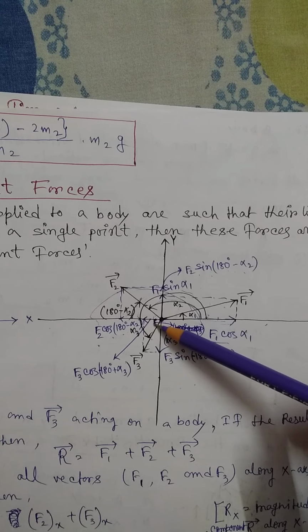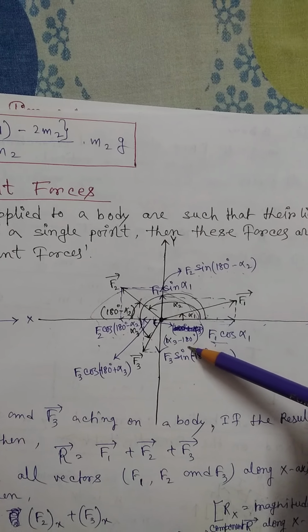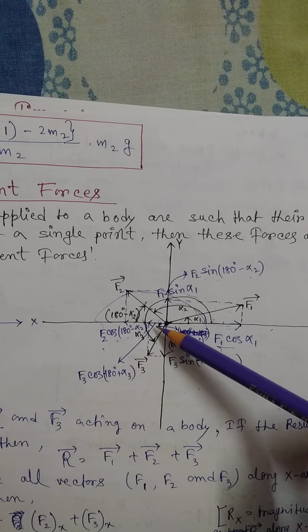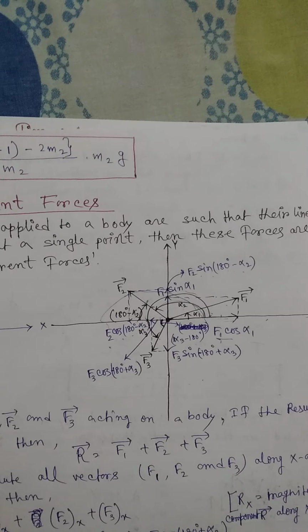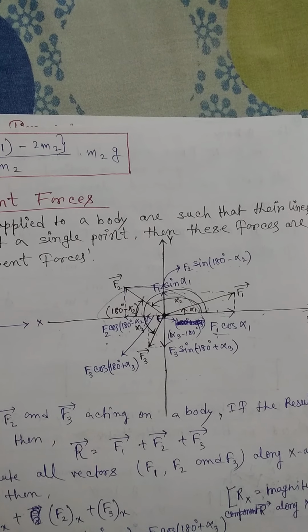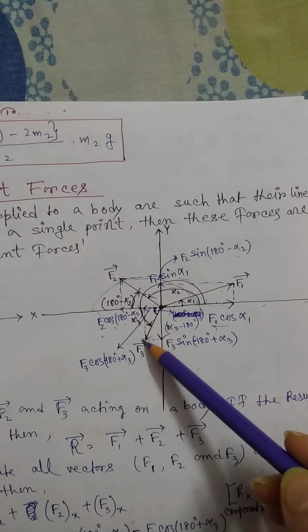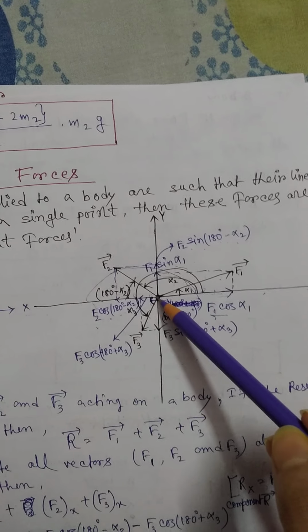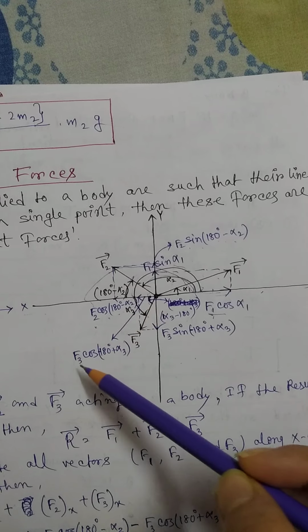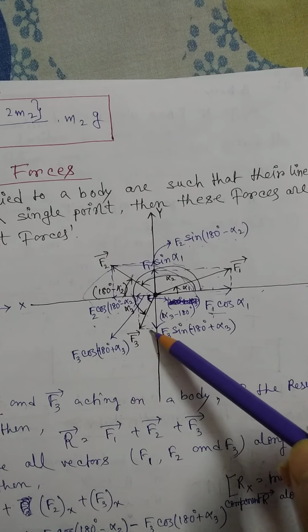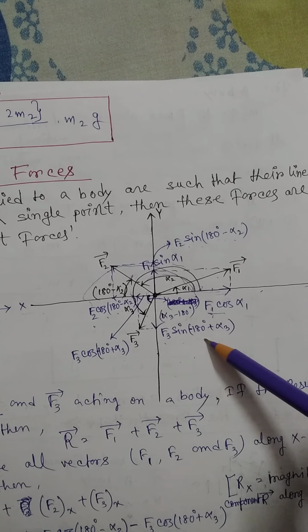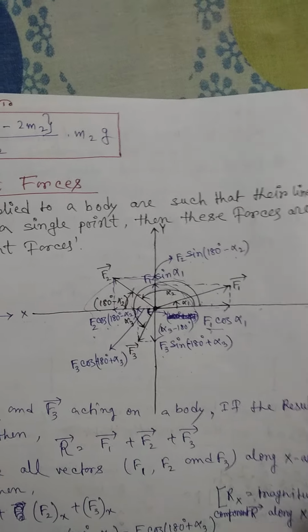What about this angle? This angle is alpha 3 minus 180 degree. That means f3 makes alpha 3 minus 180 degree angle with negative x-axis. So one component is along this side, which is f3 cos(minus 180 plus alpha 3), and along this direction f3 sin(minus 180 degree plus alpha 3).